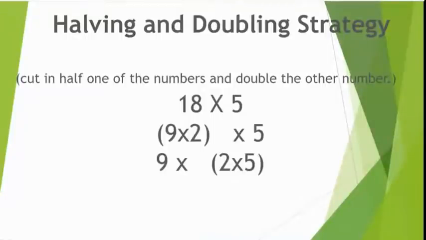And through that associative property, I've now changed the problem. Instead of 9 times 2 times 5, now it's 9 times 2 times 5, which is an easy strategy to use to solve 18 times 5 mentally: now 9 times 10, which we all can think through is 90.